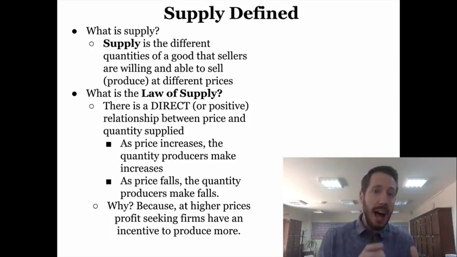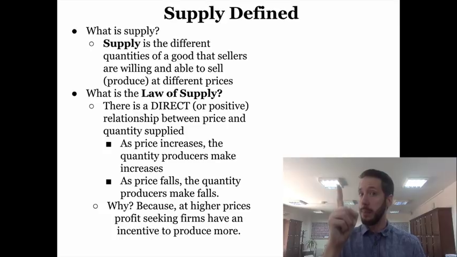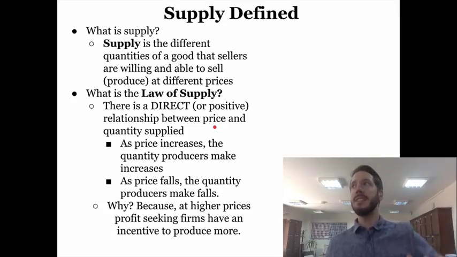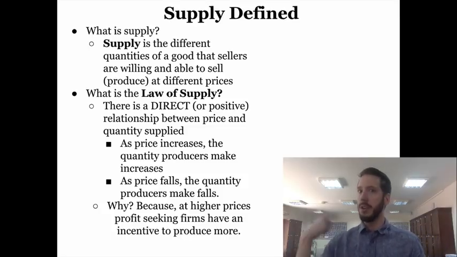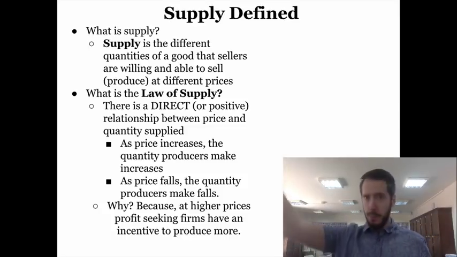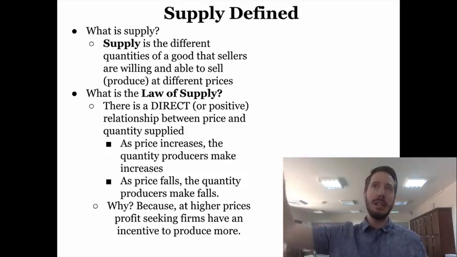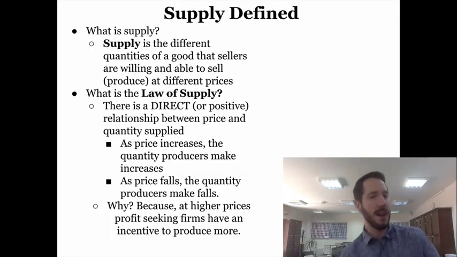Now, the law of supply says there is a direct relationship, which means as one goes up, the other goes up, between price and the quantities supplied. So as the price of brownies goes up, you're going to want to put more out there. Because, hey, I could be making more money on those brownies. The price is up. I want to put more out there. But if the price starts to go down, well, I'm not going to try and sell as many brownies because I'm not going to be making that much of a profit.